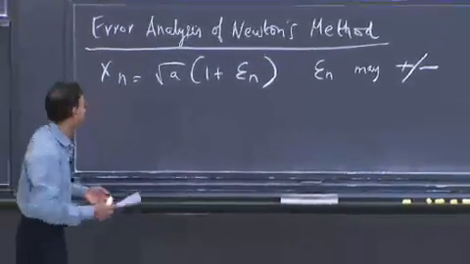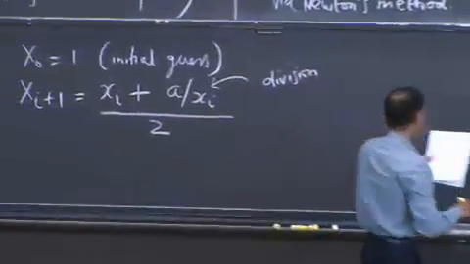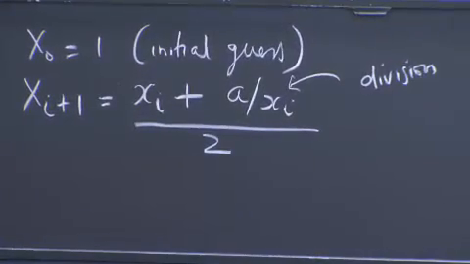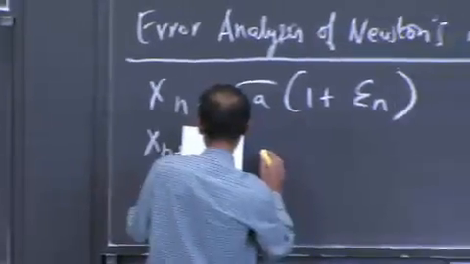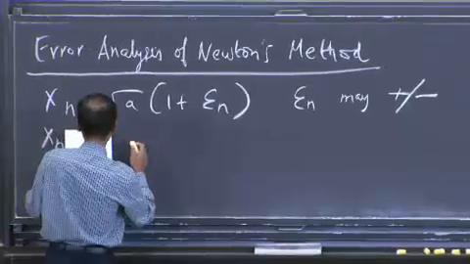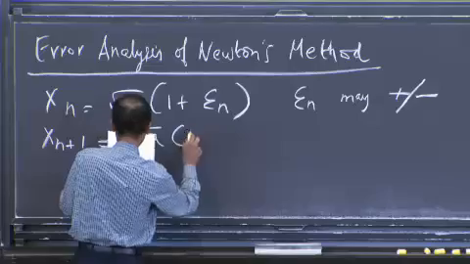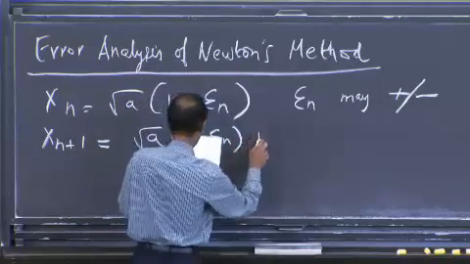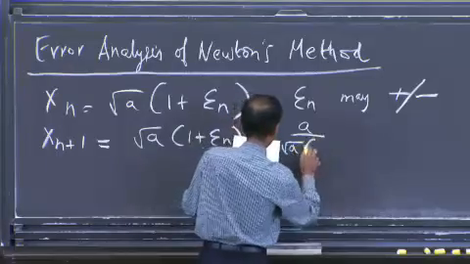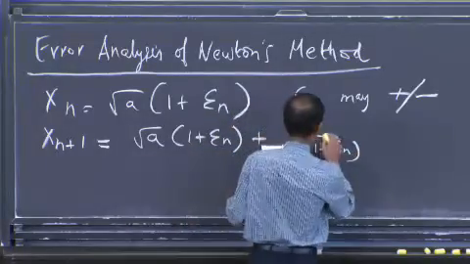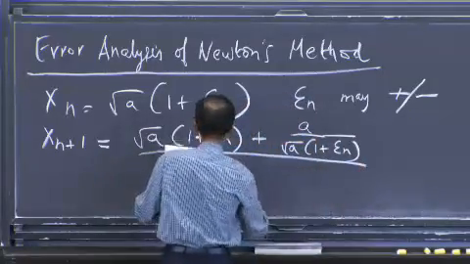That's the question. And so if you take this equation and plug this into that and say, what is x_{n+1}? x_{n+1} would be square root of a times (1 plus epsilon_n) plus a divided by square root of a times (1 plus epsilon_n), divided by 2, right?